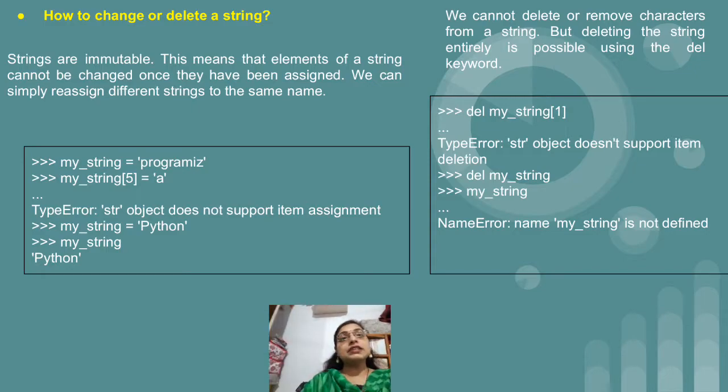So after the delete statement, if you try to display the variable, you will get the error message my_string is not defined, because you have just deleted it. So this is the concept of changing or deleting a string. It is very important that strings are immutable, meaning with the help of an index we cannot replace a character or delete a character of a specific index.